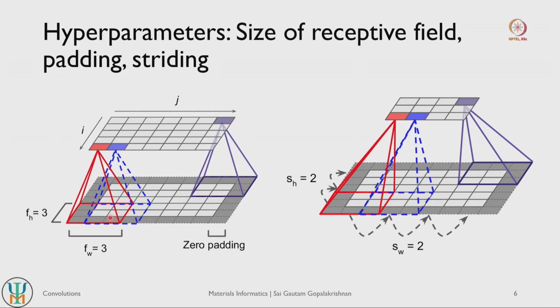Now, what is referred to as striding? Let's say you have a red neuron here and its receptive field is indicated by this red box here. So it is also interacting with 9 neurons here. Now the blue neuron is adjacent to the red neuron, and it also has the same receptive field, a receptive field of 9 neurons.